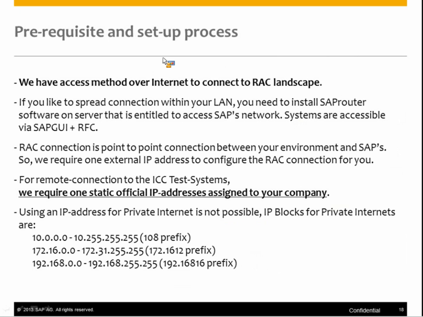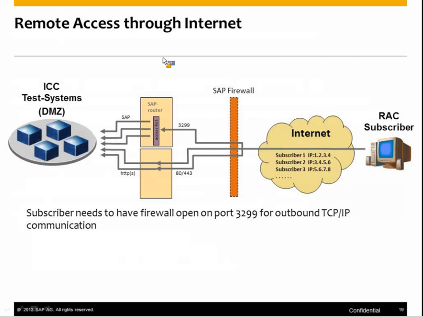To outline that in an image, there is the RAC subscriber connecting to the internet, connecting to SAP's firewall with the SAP router that we have in place on the internet on a dedicated port.